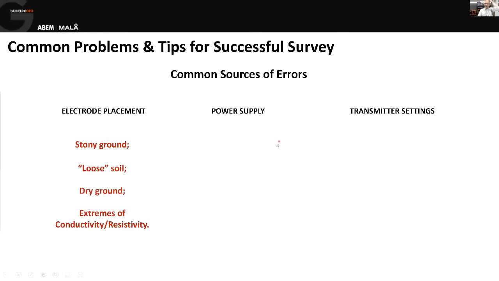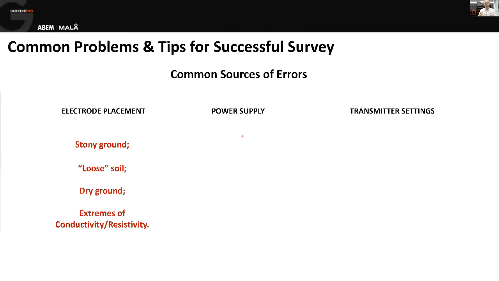So if we talk about electrode placement, it's normally that you've got very stony ground, so the ground isn't hugging the electrode, providing good contact resistance. You've got lots of gaps between the stones that have air in them. The air doesn't transmit current, and that's increasing our contact resistance.